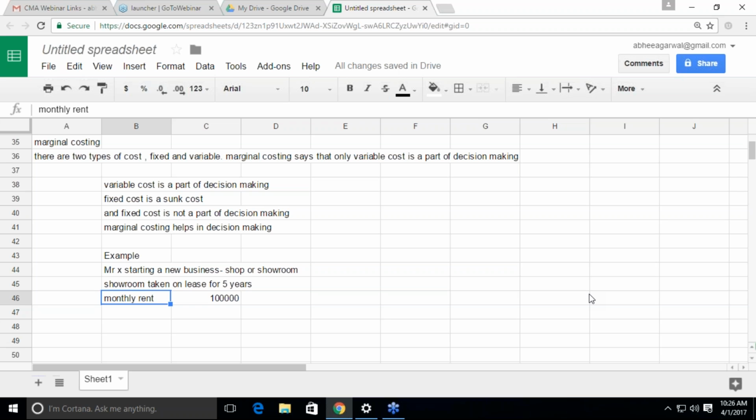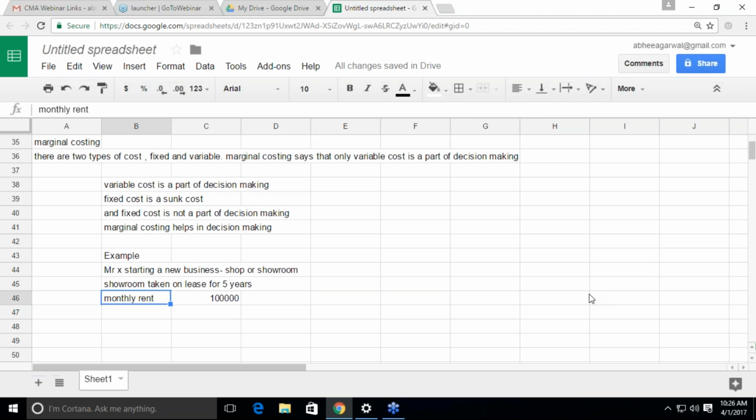As you can't change this expenditure, and it is not in your discretionary power, we will say it is not a part of decision making. Why not? Because this expenditure will not impact any profitability in future.